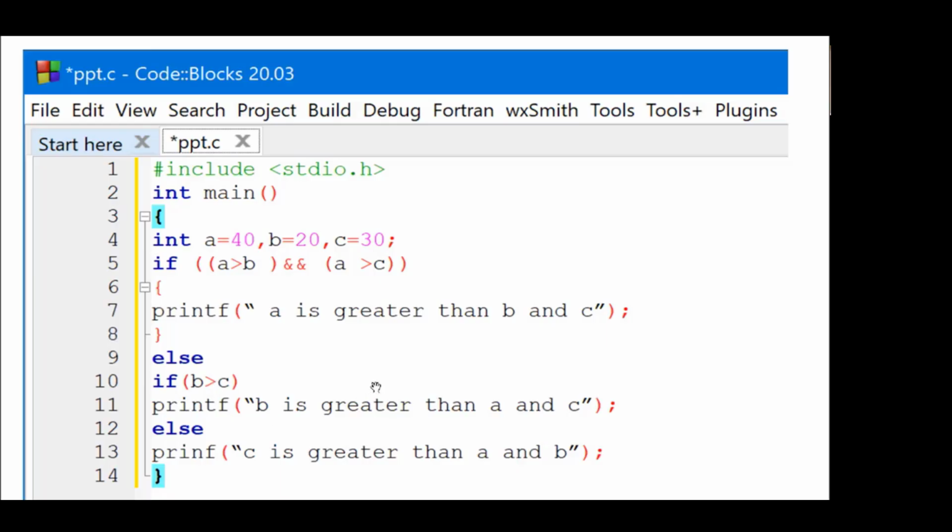If that is true, then it will print if b is greater than c. If line 5 and line 10 are not true, then by default, line 13 would be executed. So this is basically an illustration of how logical operators are used.